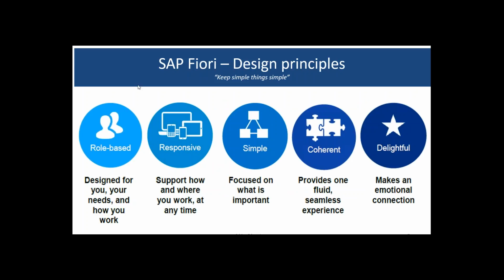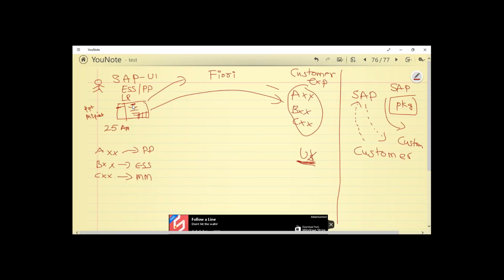Coming to the point, SAP theory design principles: how they started is, SAP planned to go to the customer. Before that, they had to design the screens. To design the screens, what principles did they have to follow?